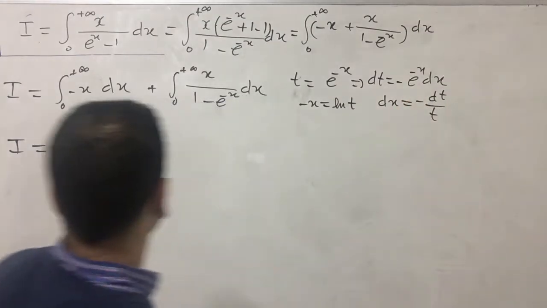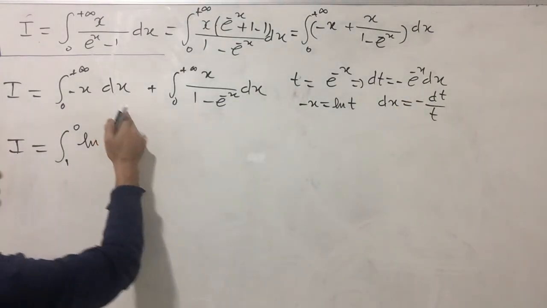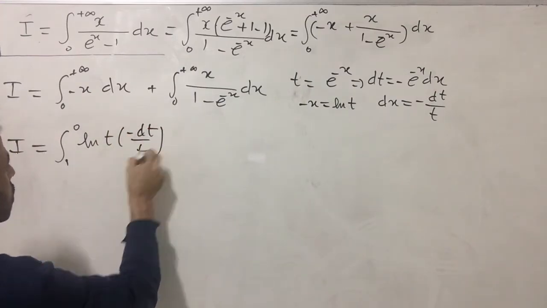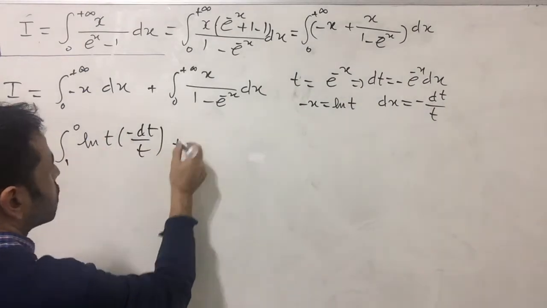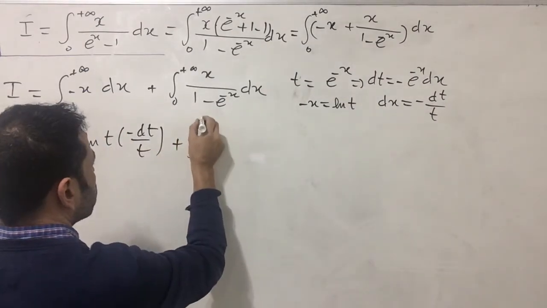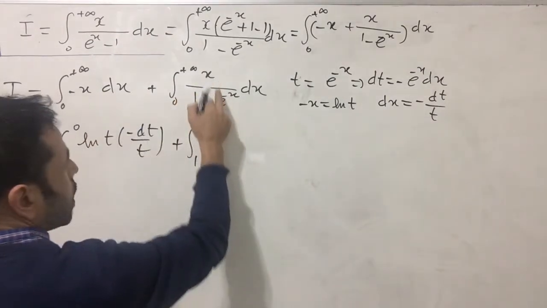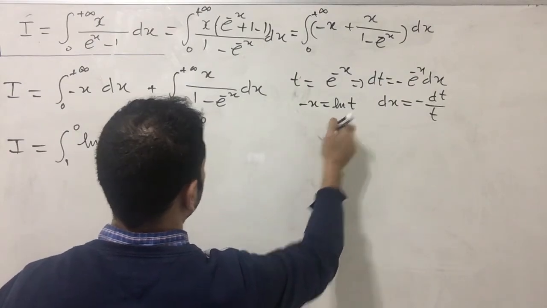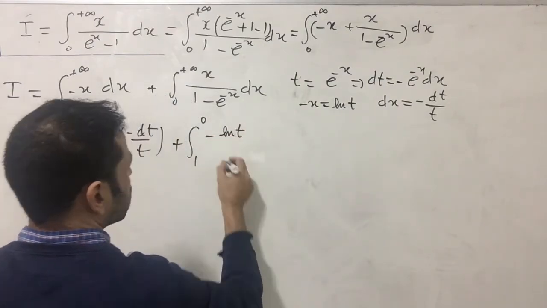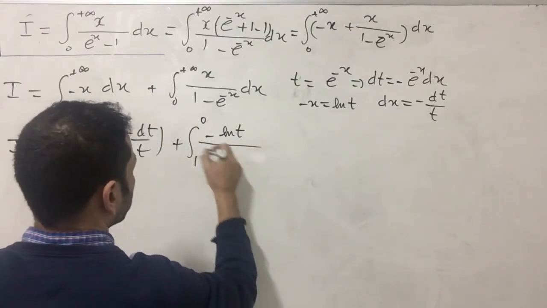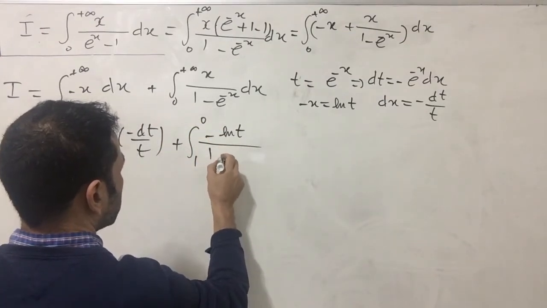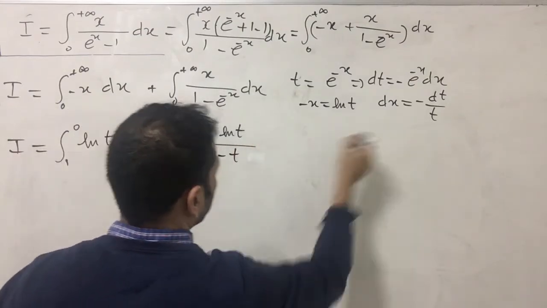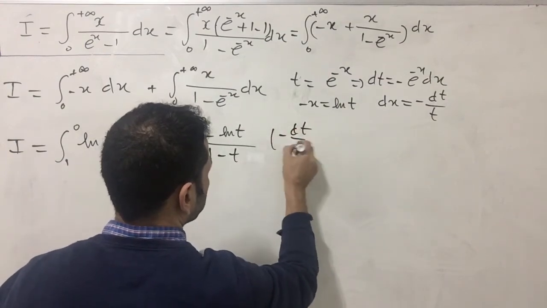So for dx, I will have minus dt over t as we have here, plus this integral from 1 to 0. Replacing x with minus natural log of t, over 1 minus e to the minus x, which becomes 1 minus t, and dx gives minus dt over t.